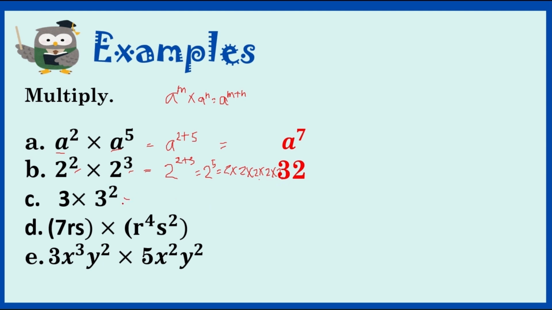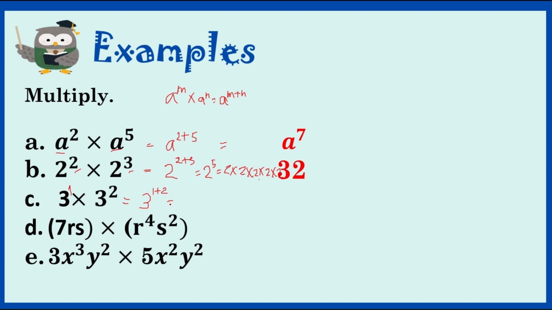For the next example, that is 3 times 3 raised to 2. You can see the base is the same. What do I say when there is no exponent written? It is automatically 1, so just put a 1. Copy the base since it is the same, then add the exponents: 1 plus 2.